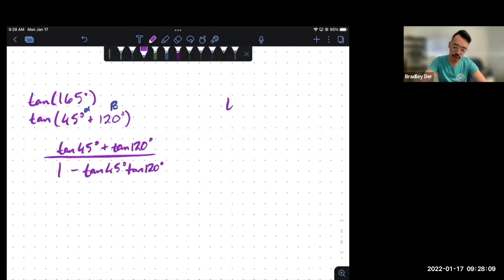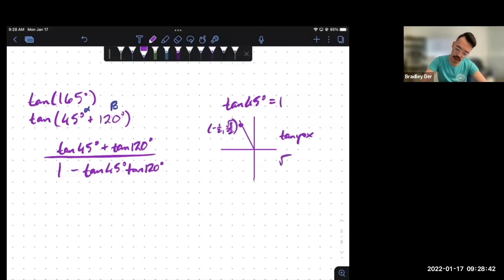Now I definitely know tangent of 45 degrees, that's just 1, because remember that your 45 degrees is on that y equals x diagonal. Tangent of 120, if you don't know off the top of your head, I think it's fine, because you should be able to quickly pull it back. But 120 would be here with the ordered pair negative 1/2, comma root 3 over 2. Tangent is y over x.